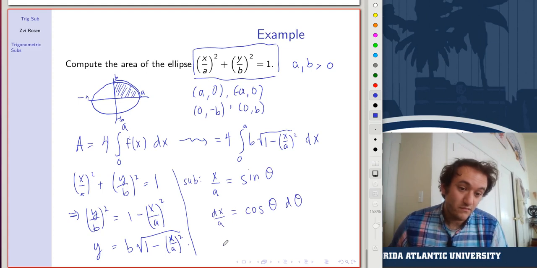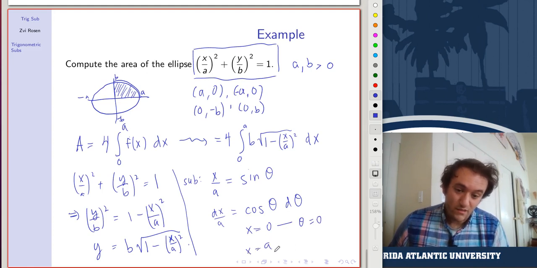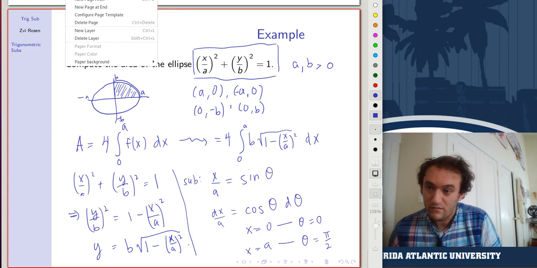And in terms of the boundary points, the theta value corresponding to x equals 0 is just theta equals 0. And the x value corresponding to a, well, when x over a is sine theta, a over a equals 1, so theta should be pi over 2. Okay.